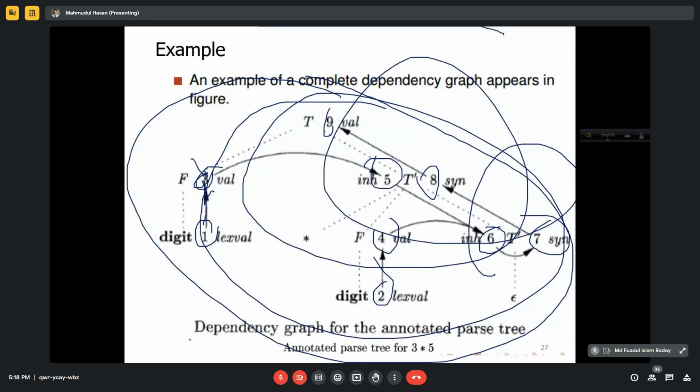The process is the same, but the representation is different. And one thing I want to mention: when all the attributes are synthesized, it is very easy to draw the annotated parse tree. But when there are both inherited and synthesized attributes, then it is a little bit complex.